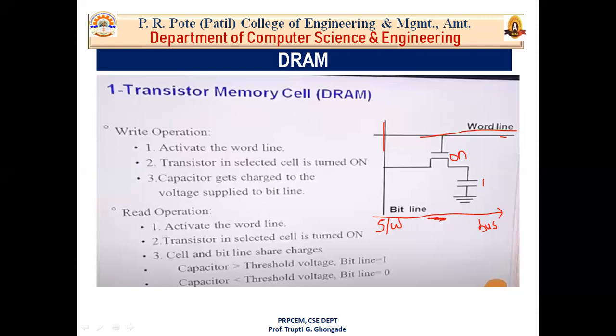This information goes through the data input line to the sensor write circuit, and from the sensor write circuit to this bit line we will write the information into the cell.